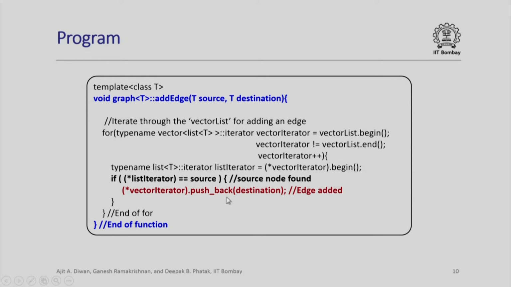Please note that this pushback will automatically insert the destination node subsequent to the original source or any previous edge that you have. That is the property of the STL function that we use. So, the simple pushback does multiple things, and in this instance, we would have added the edge prescribed to us through the parameters T source to T destination.